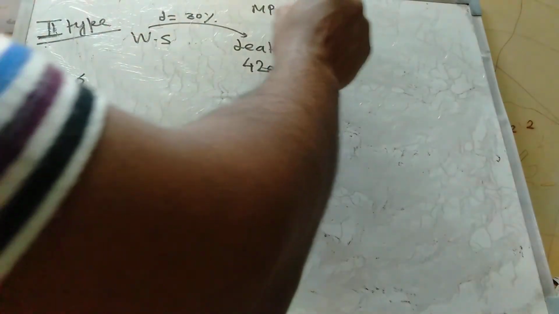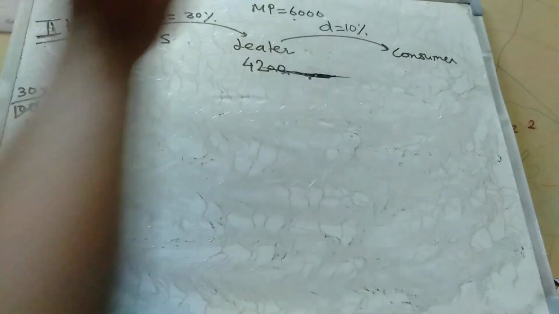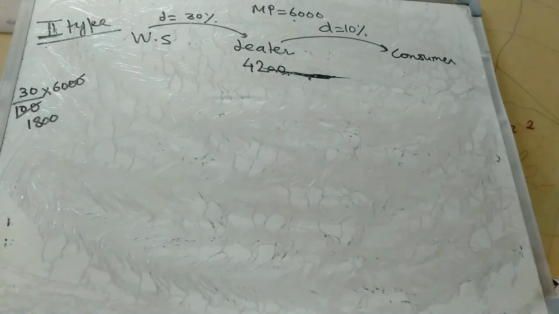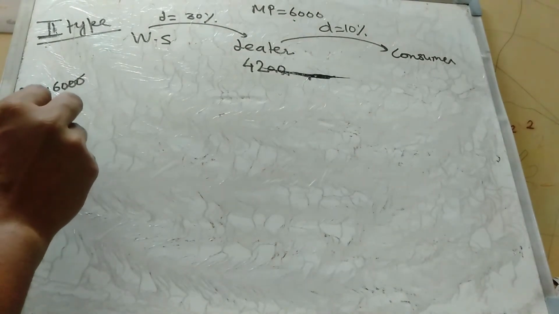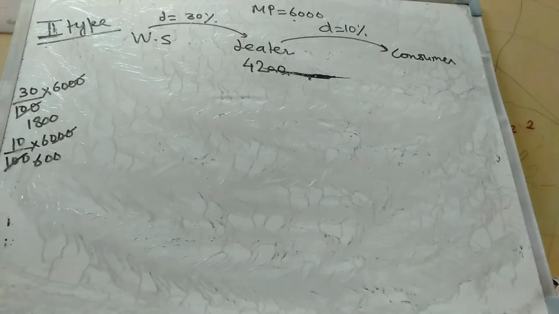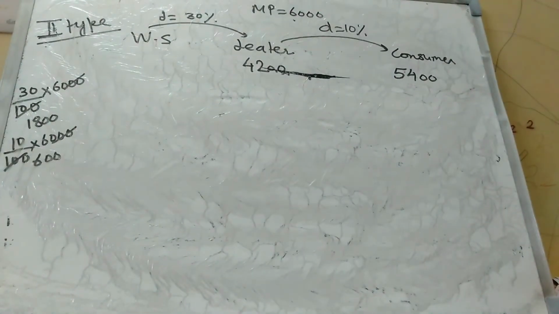Now the dealer gives a 10% discount to the consumer on the mark price. So 10% of 6,000 is 600 rupees, means he sells the article to the consumer at rupees 5400.